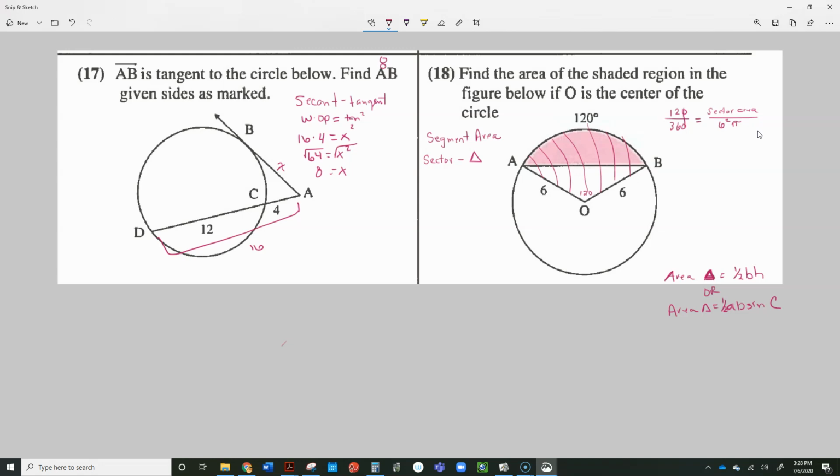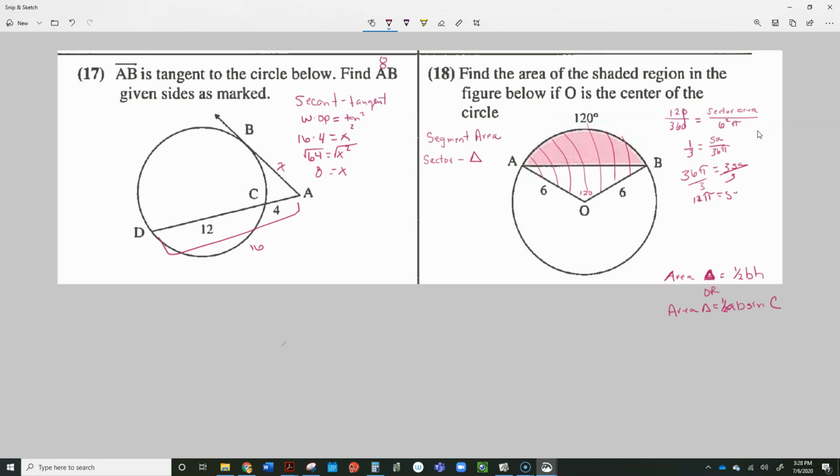So 12 over 36 reduces down to 1 over 3, and that's equal to the sector area, that's what we're looking for, divided by 36 pi. So you cross multiply and you get 36 pi is equal to 3 times the sector area, so divide both sides by 3, and you get 12 pi.